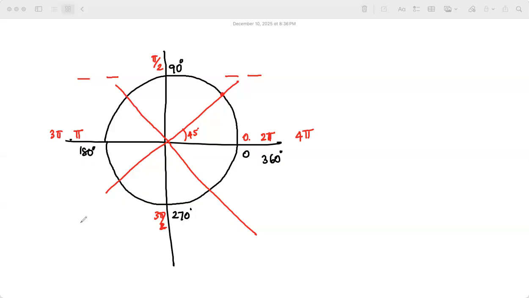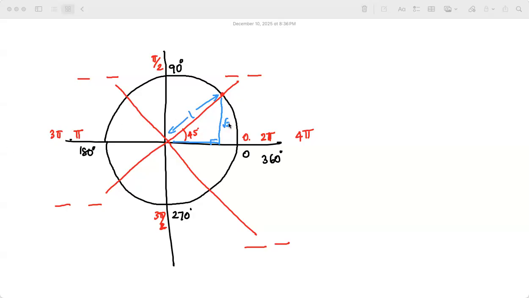I am going to use the knowledge that I have on the 45, 45, 90 triangle. This seems to be a clean 45, 45, 90 triangle, correct? We know this is a unit circle.